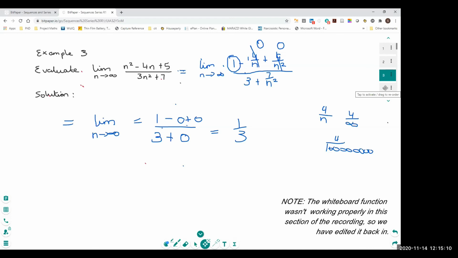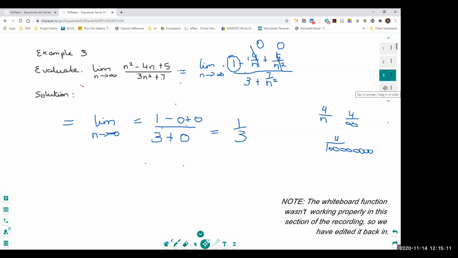So you've got to divide everything above the line by n squared and everything below the line by n squared. So that's 3 plus 7 over n squared. Okay?